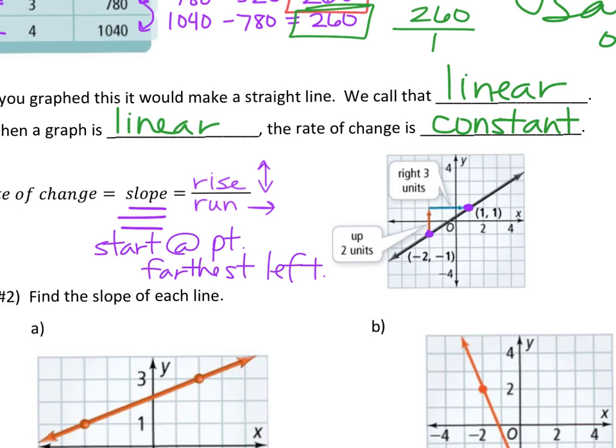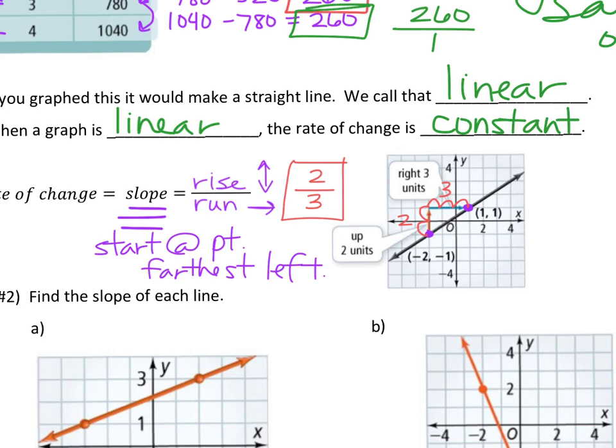Okay, so if I'm starting here, I go a rise of 2 and a run of 3. So if I go up 2 units and over 3 units, my slope is 2 over 3.